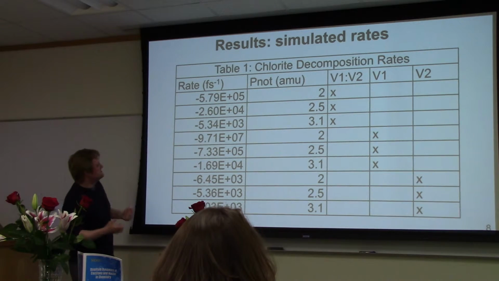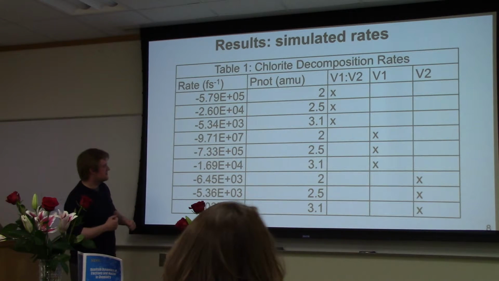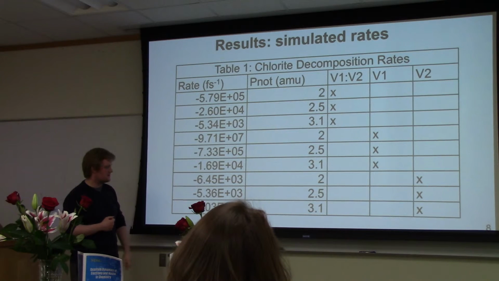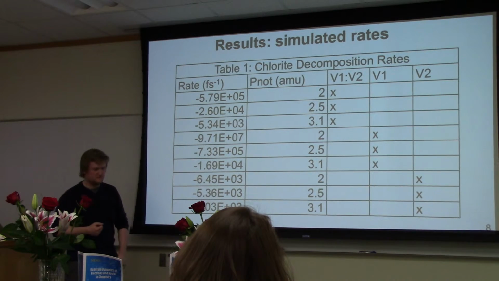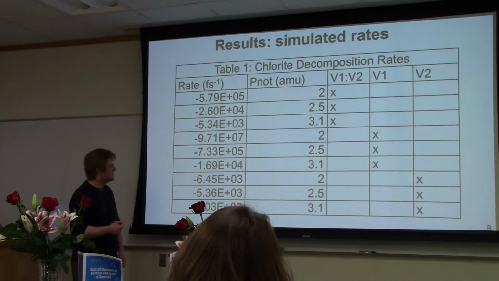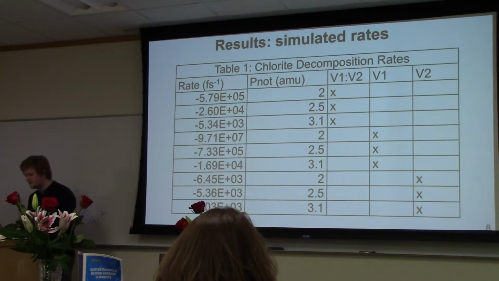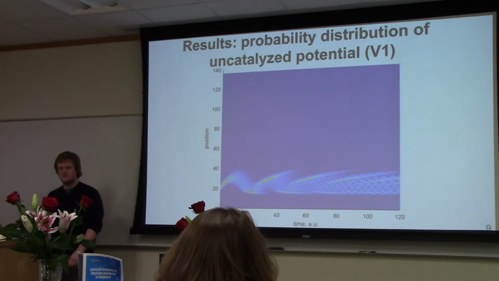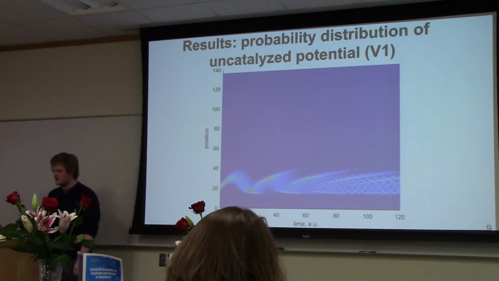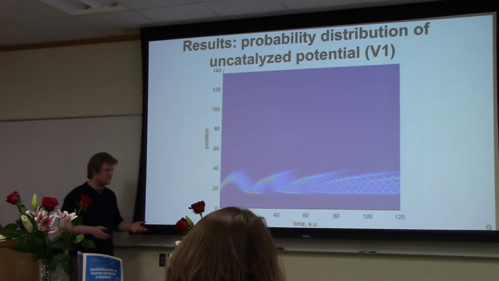Well, no. My catalyzed rates, granted, are less negative, but they are still negative, whereas my uncatalyzed rates are generally speaking much higher. So there is clearly a problem with how I modeled this, but that can be figured out with time.